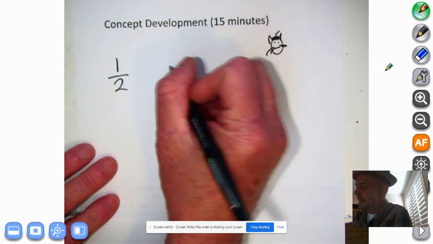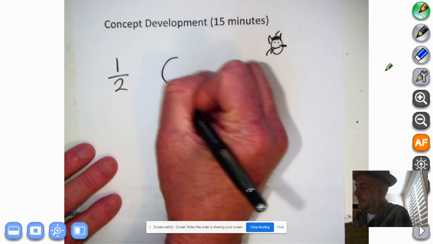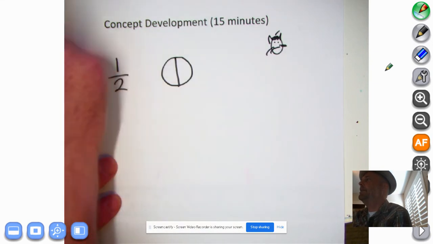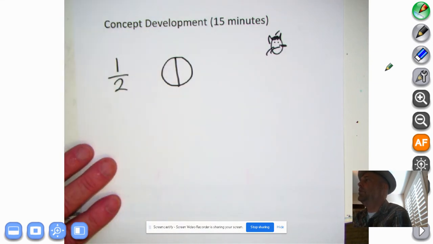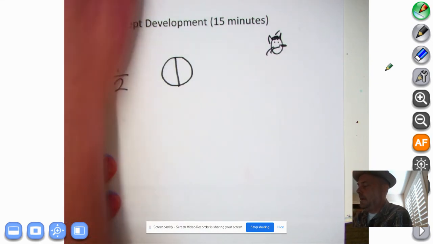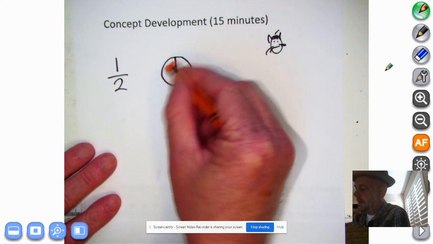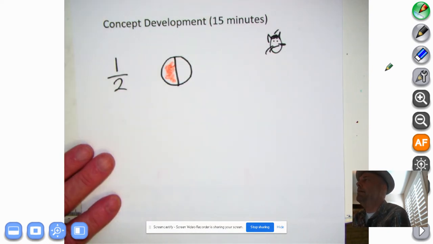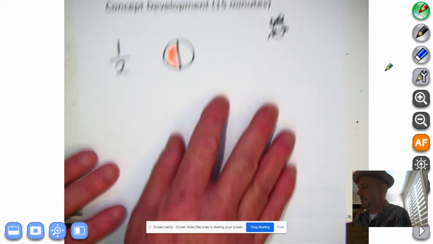So let's go back to our pizza, and we cut it in half, right? So that represents the 2 equal parts. What does the 1 mean? We are talking about 1 of the equal parts, 1 of 2, correct? Correct.